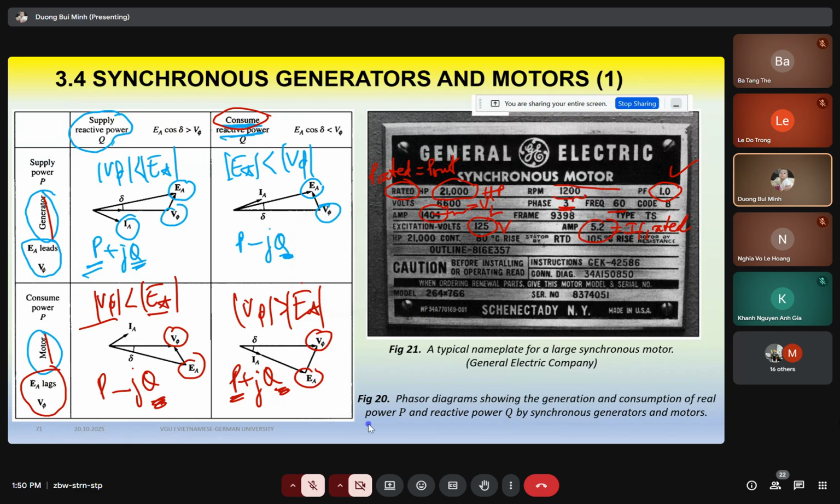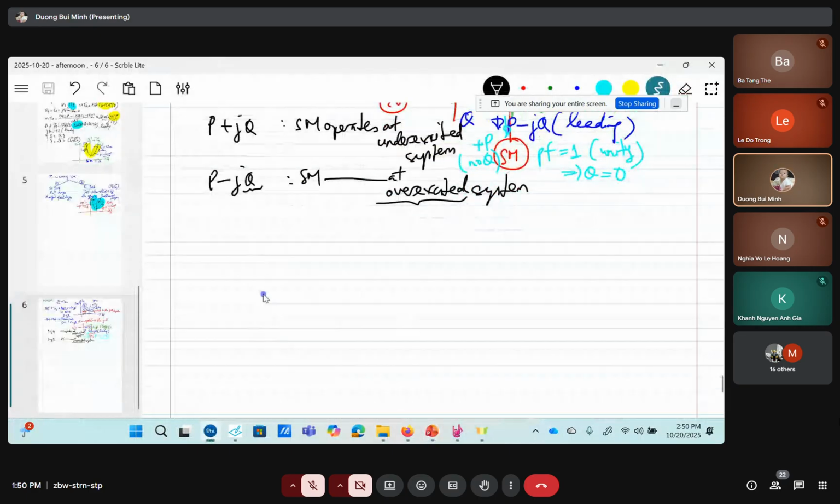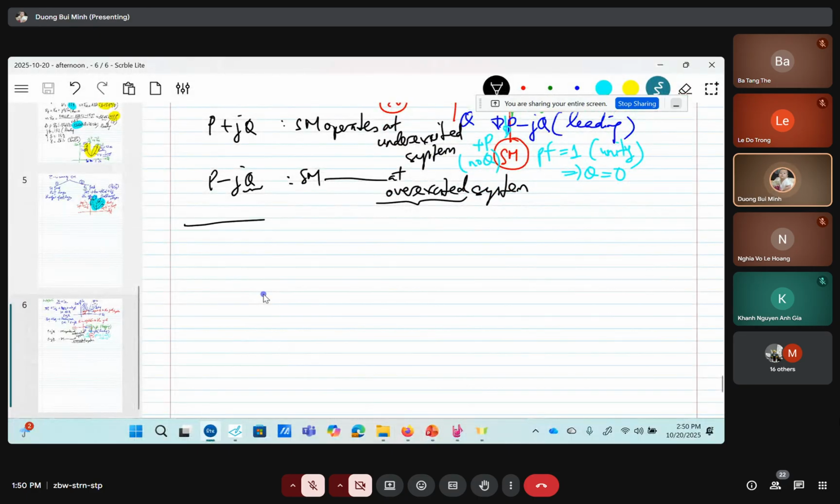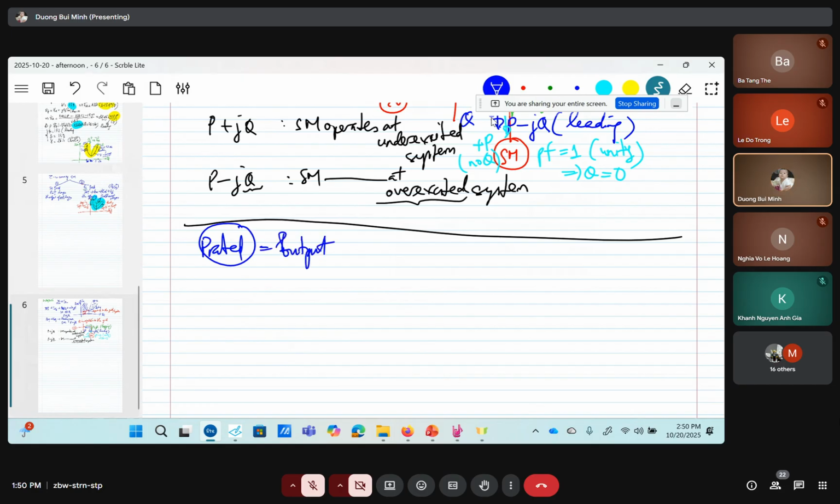You should remember some information. For example, if the question gives you rated power, the rated power is always output power. This is the key point. So if we have efficiency or total power loss, you can get P in, because efficiency is P out over P in.